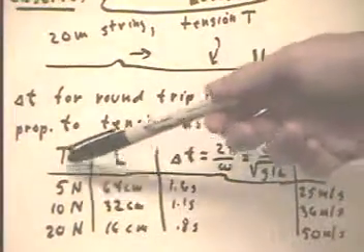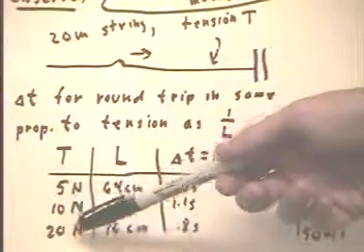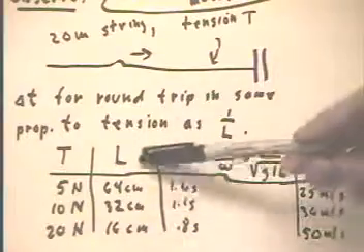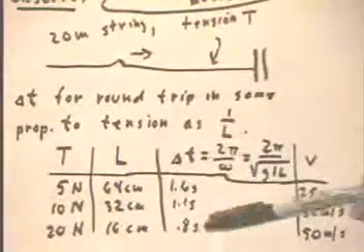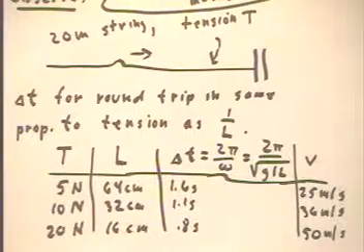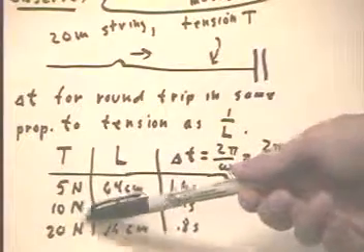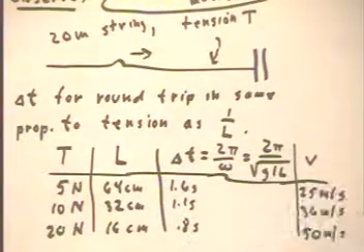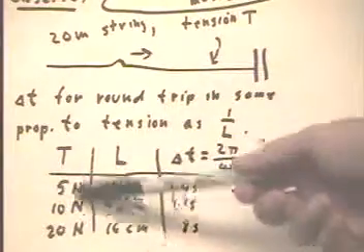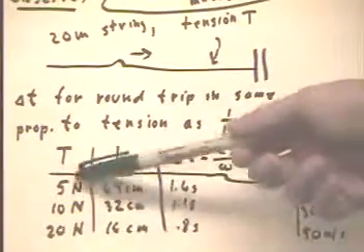Now, the actual numbers we got: the tensions were about 5, 10, and 20 newtons for 1, 2, and 4 rubber bands. The lengths L of the pendulum, not the string, were 64, 32, and 16 centimeters. So as we double the tension, we halve the length of the pendulum. That happens both here and here. These are good, honest estimates, within a centimeter or so.